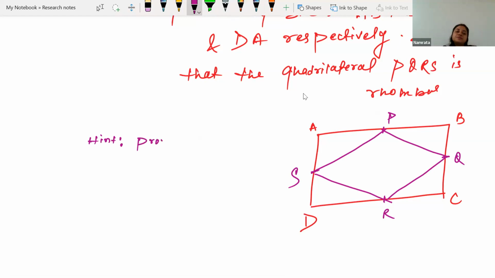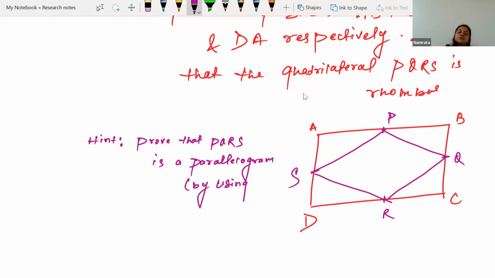So hint, note it down. Prove that PQRS is a parallelogram by using the midpoint theorem, with the help of diagonals.